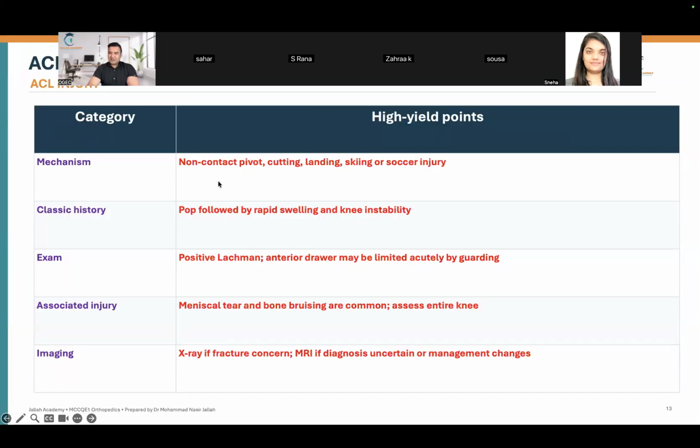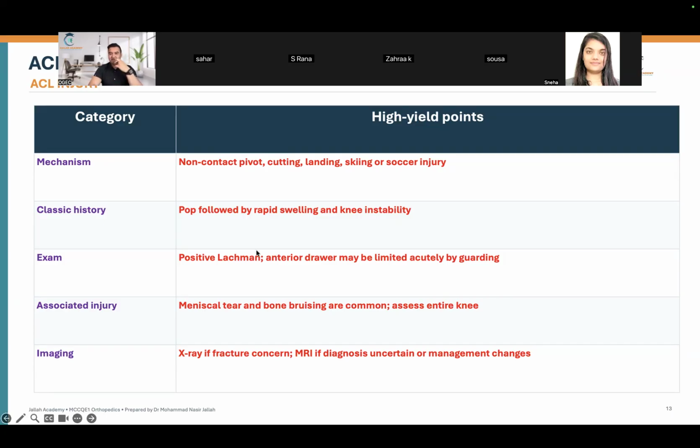Anterior cruciating ligament, I think I did mention a few things: non-contact pivot, cutting, landing, skiing, or soccer injury. Classic history: a pop, hearing a pop sound, followed by rapid swelling in the knee and knee instability. So you hear a pop, then rapid swelling of the knee, and then you feel the knee is giving away.